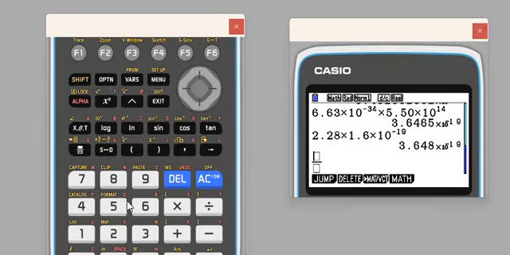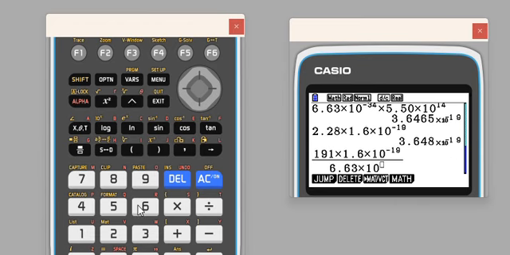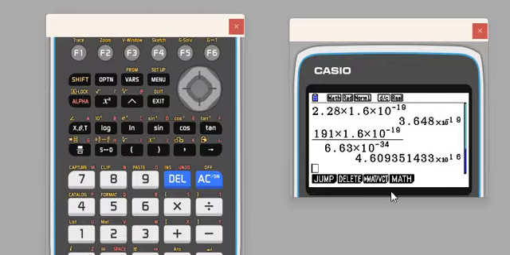So what do we have? 191 times 1.6 times 10 to the power of negative 19, now over 6.63 times 10 to the power of negative 34. It is going to be equal to 4.61. Okay, we rounded to 2 decimal places.